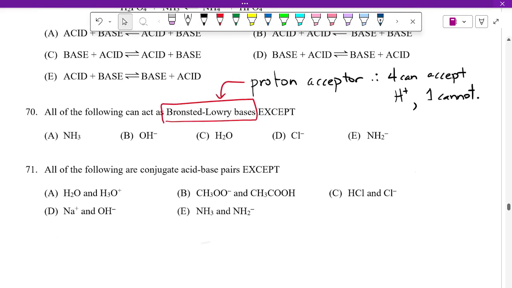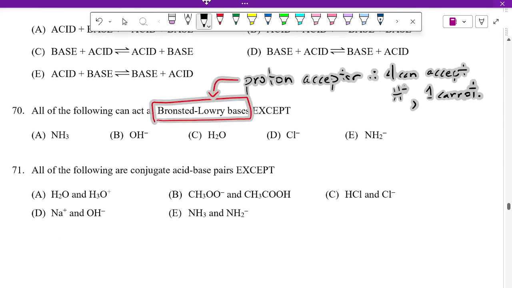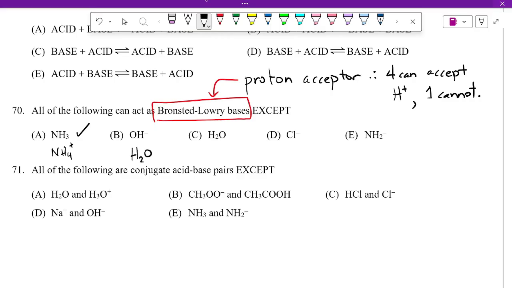So, is it possible for NH3 to accept a proton and become NH4? Yes. Is it possible for OH minus to accept a proton and become H2O? Yes. Is it possible for H2O to accept a proton and become H3O plus? Yes. Is it possible for Cl minus to accept a proton and become HCl?